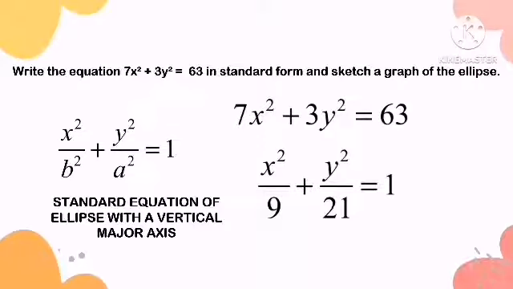From the equation 7x squared plus 3y squared is equal to 63, in order for this equation to transform into standard form, let's divide both sides by 63. 7x squared divided by 63 would be x squared all over 9 plus 3y squared divided by 63 would be y squared all over 21. 63 divided by itself would be equal to 1. So, we already have the simplified standard form, which is x squared all over 9 plus y squared all over 21 is equal to 1.